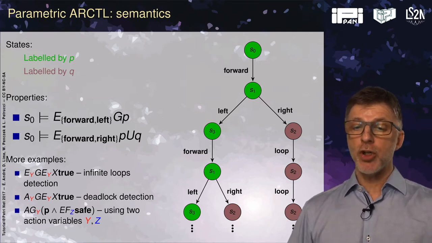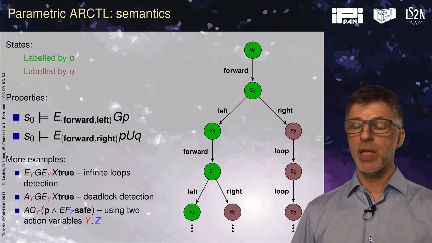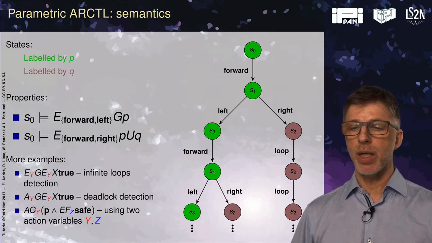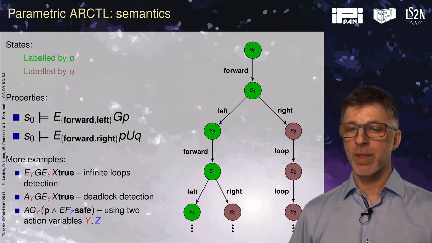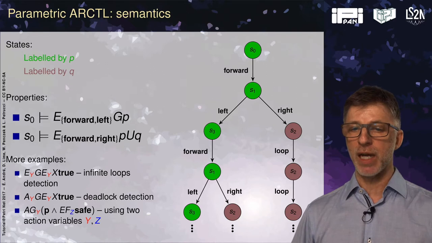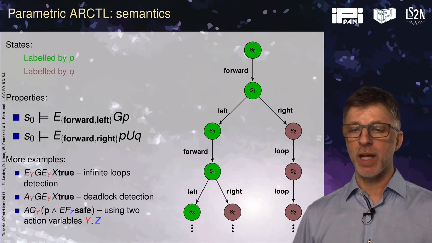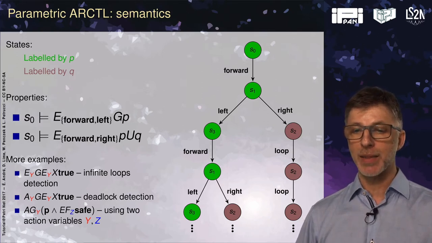And our formula shows that the situation can be even more complicated. Namely, we may not only have variables, but we may have different variables in one formula, and in that formula we have two different variables, namely y and z.